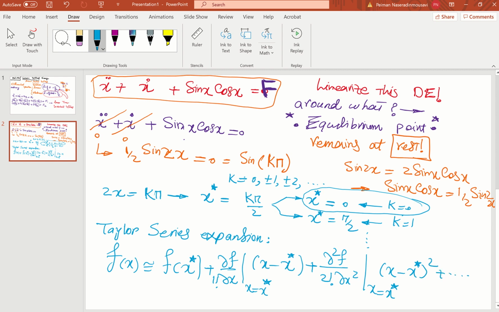That's right. But after this first-order term, the rest sucks. Why? Because when linearizing the system, we need the order of 1, not order of 2 or order of 3. You understand what I'm talking about? So by having this, and we know the equilibrium point of the system is 0, now I can linearize this term.